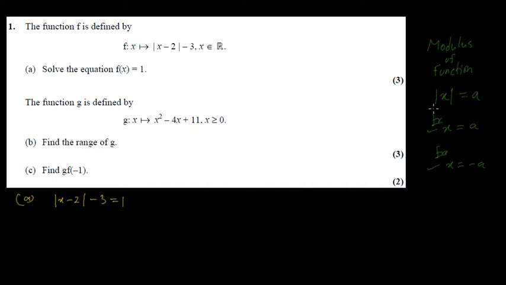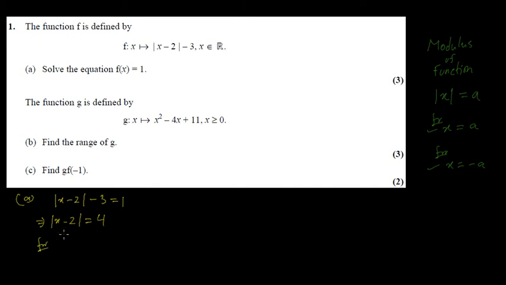And when we have to solve an absolute value equation, we send everything to the other side and keep the absolute value on one side, and then we take two separate situations. What if the whole thing was positive and the whole thing was negative? So what we can do here is, first of all, we can send the 3 to the other side and write 4 here.